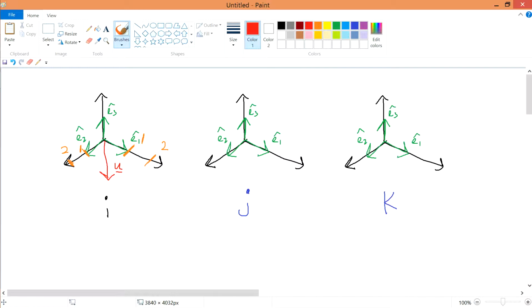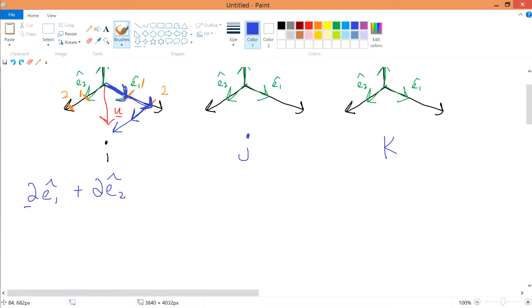And this u underscore is comprised of 2 times e1 hat, correct? Because you're going to take 2 of this basis vector, and then 2 times e2 hat in order to reach this vector. If I were to write that down, I will have 2 e1 hat plus 2 e2 hat, correct? In this 2D plane.